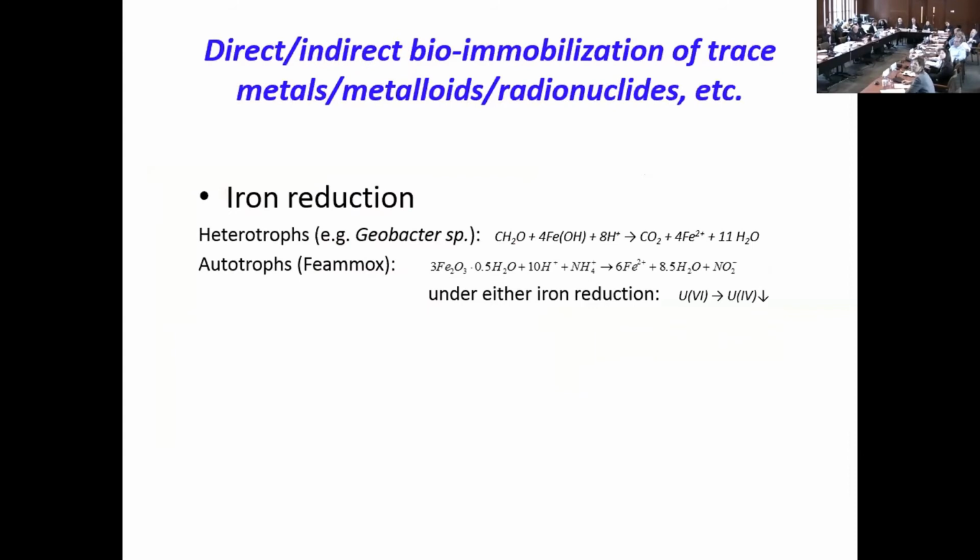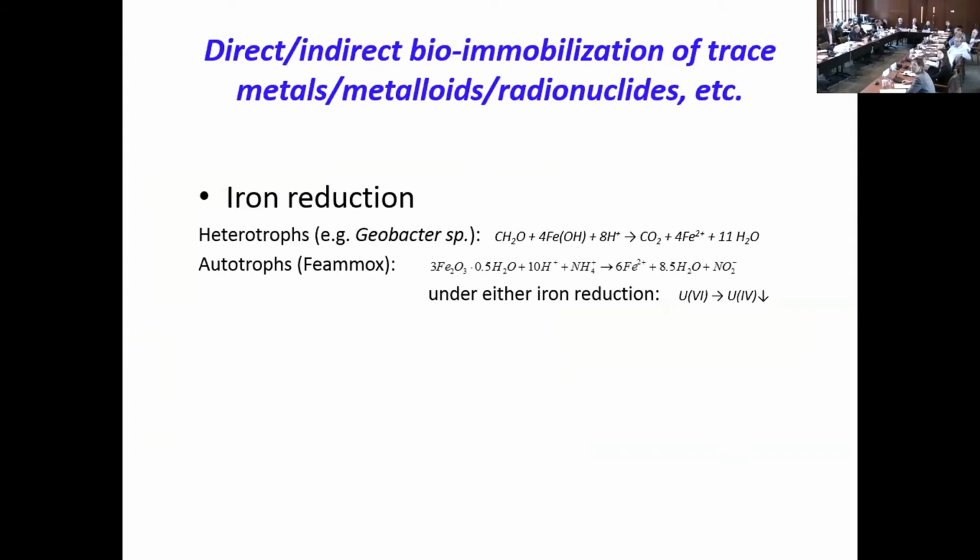Now, we can have direct and indirect bioimmobilization. I mentioned earlier this iron reduction. So we have heterotrophic bacteria, Geobacter, for example, that can oxidize an organic and reduce an amorphous iron phase, and then transfer that electron to uranium 6 to precipitate it as uranium 4.